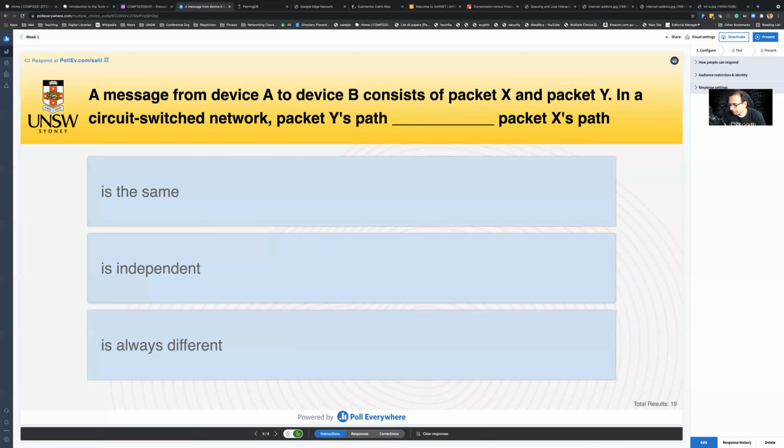You could think of it as two chunks of data effectively.